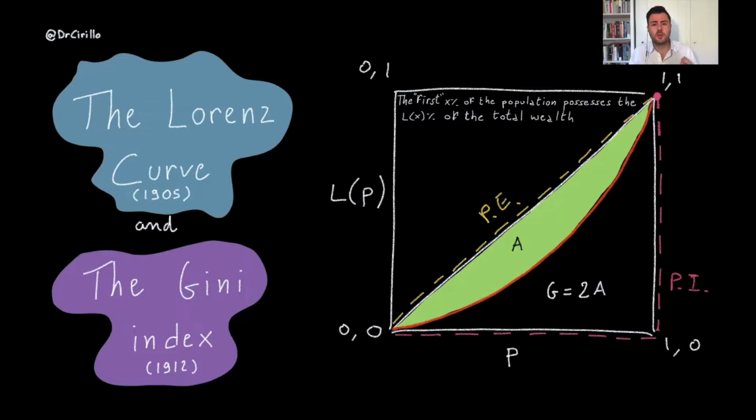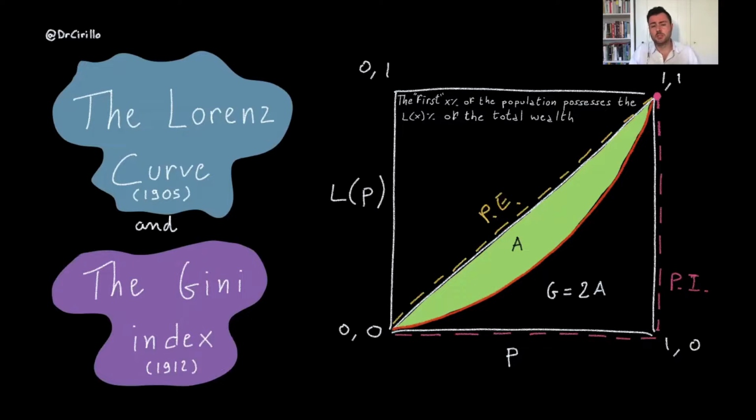This curve is a curve that links the percentage of population to the corresponding percentage of the total wealth that is in the hands of the first percentage of the population.